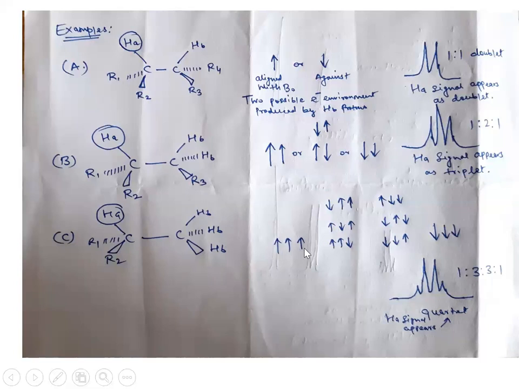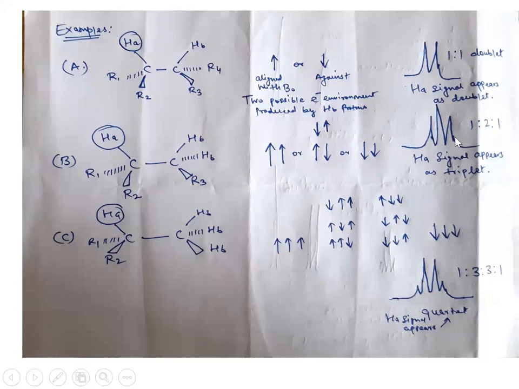All three protons may align with the external magnetic field; two aligned and one against. Then three possibilities will be there, and two opposed and one aligned. In this case also three possibilities are there, and the last one is all three are opposing or against the external magnetic field. Then in this case we get a quartet in the ratio 1:3:3:1. I think this point is clear.